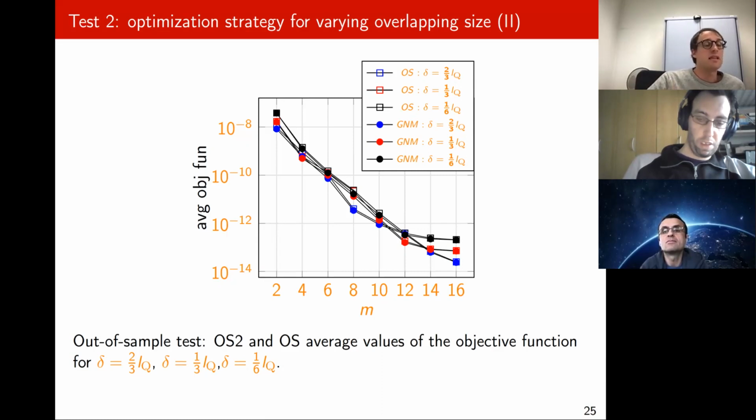I believe there is some kind of observability type of requirement that becomes much tougher to realize whenever delta becomes small. But still, I think it's significant. The empirical evidence is that GNM is significantly more robust than standard overlapping sparse.